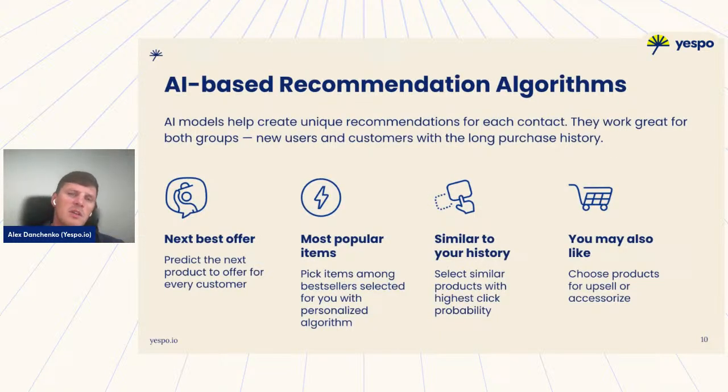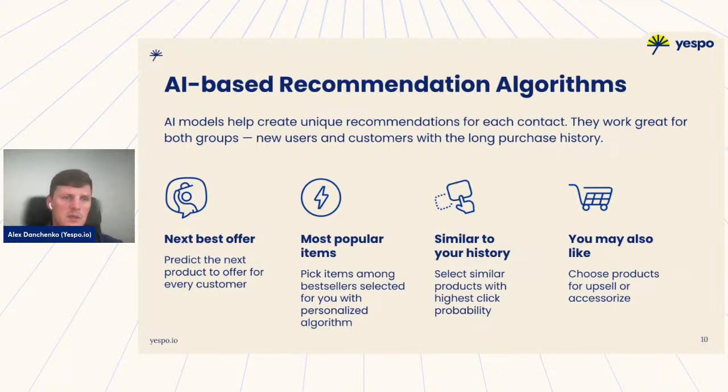And what are the most typical types of recommendations that are often used by our customers? There are several groups that are most relevant for different stages of the customer lifecycle. And different AI models can help you to build unique recommendations for every contact, depending on the customer data that we already have about this customer and based on his customer lifetime stage.